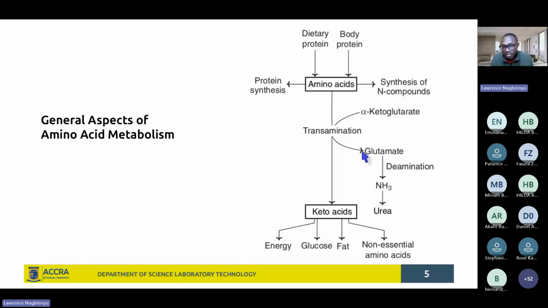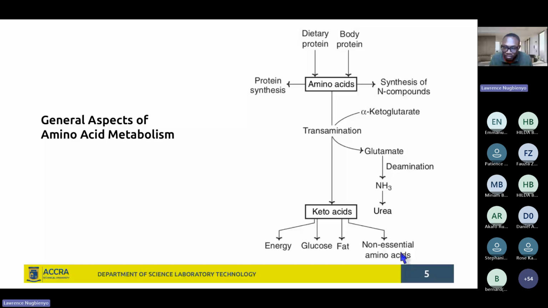Whilst from the glutamic acid, the process of deamination occurs where there will be a removal of the amine group. And that ammonia then goes into the synthesis of urea, which is excreted out of the body. But these keto acids can go into energy generation. Some of it can go into the synthesis of carbohydrates, glucose. Some of it will go into the synthesis of fats, which is particularly fatty acids. And then you have the rest going into the synthesis of non-essential amino acids that the body can synthesize.